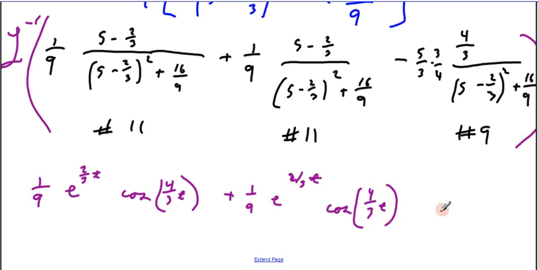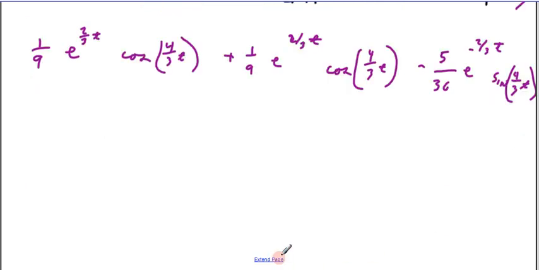And then I'm going to have a minus 5 over, there's a 9 sitting right here that we forgot to write down. It's a 9 sitting right there. 5 over 36 e to the minus 2 over 3t sine 4 over 3t.